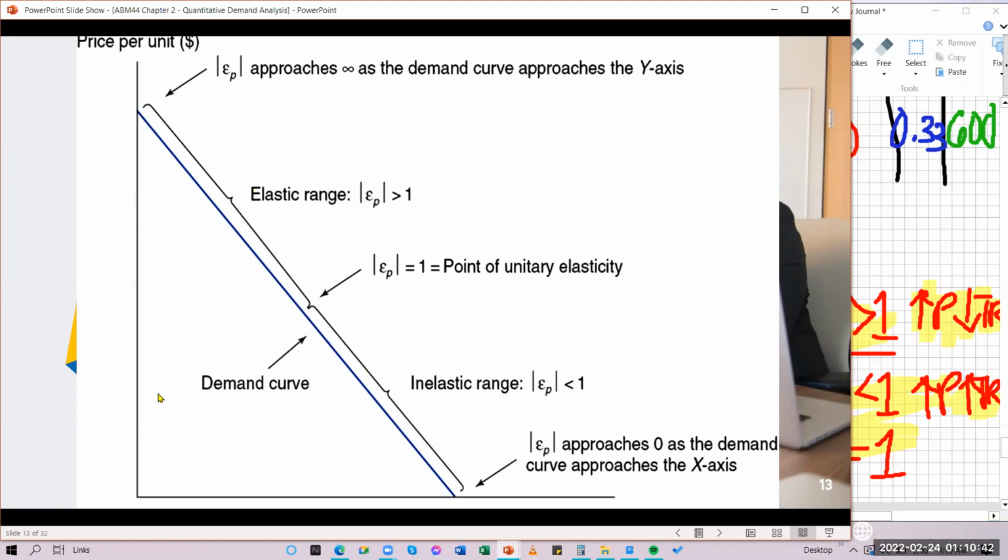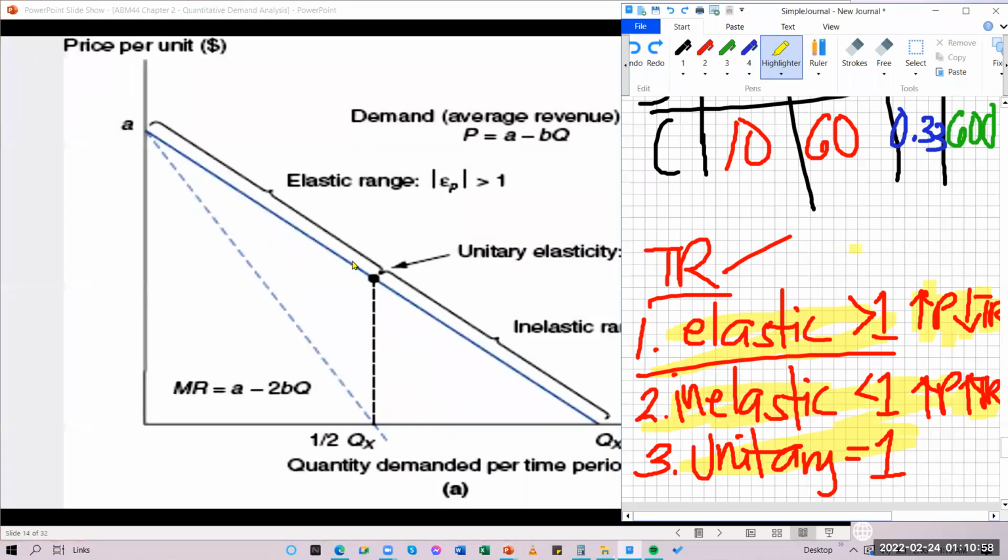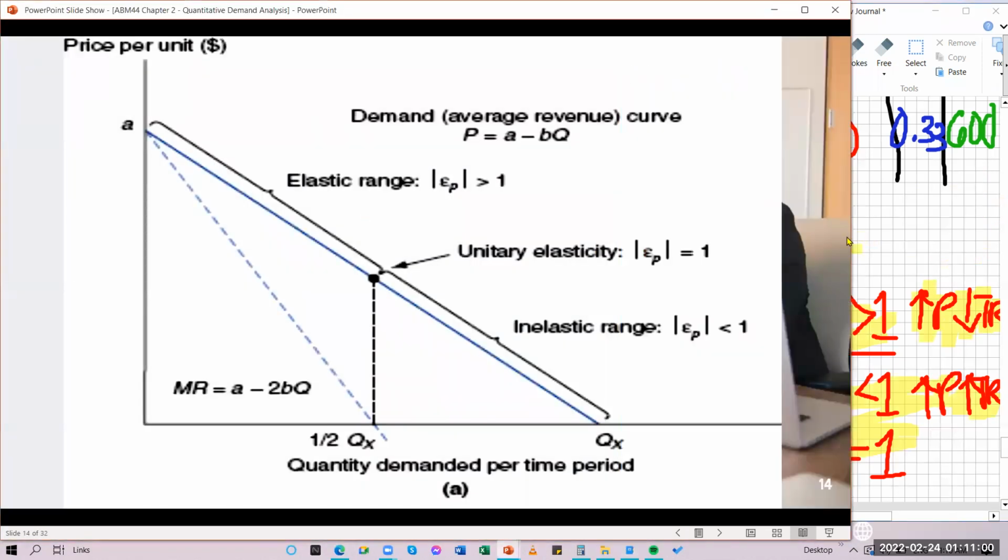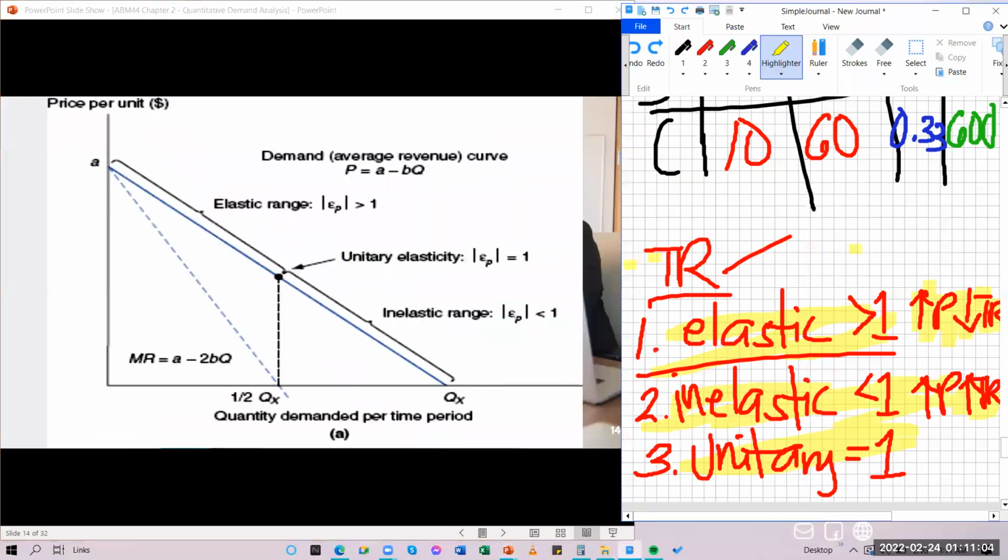So if your price increases, the quantity demanded also increases in that inelastic range. So this is the explanation. Okay. In a minute.